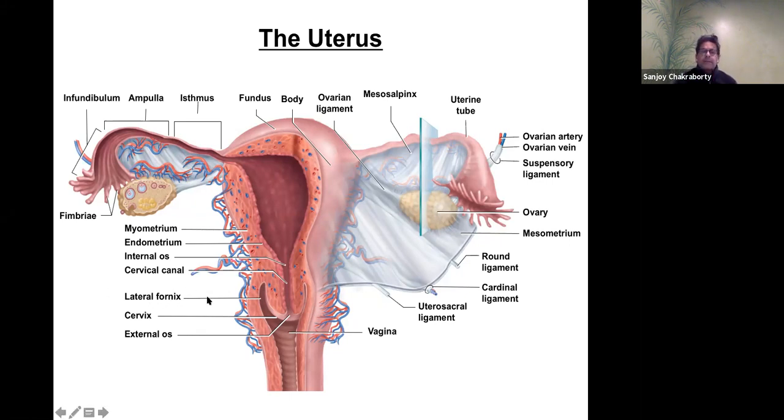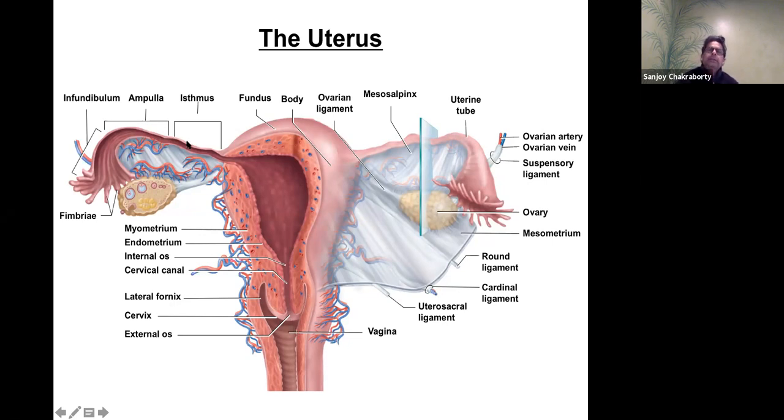In the exam, if you write lateral fornix or anterior fornix or posterior fornix, I'll give you full points, because it's not impossible to understand, but it's a little bit tricky when you're looking at the picture, whether you're looking anterior, posterior, or lateral and medial. So this is lateral, both sides, in this case, and that's the vagina.